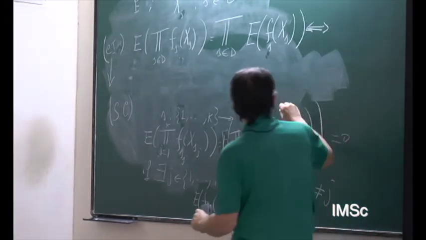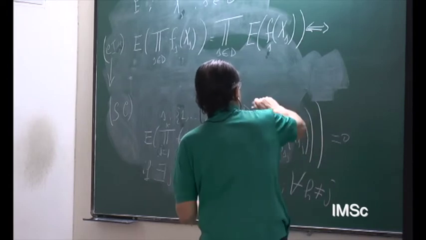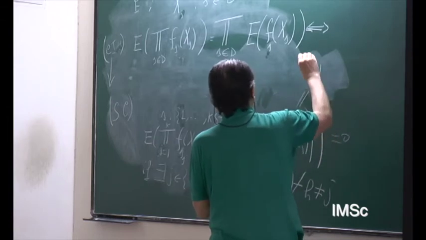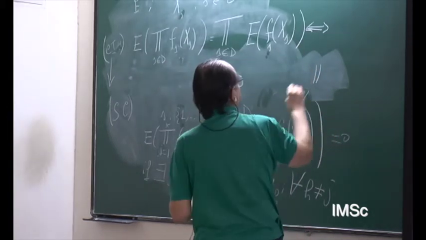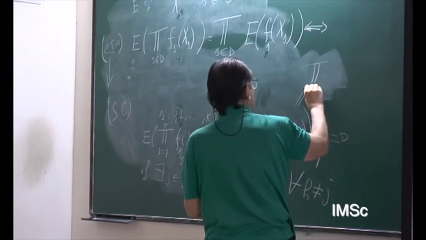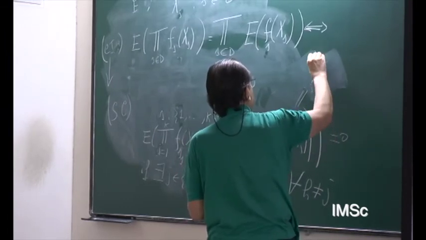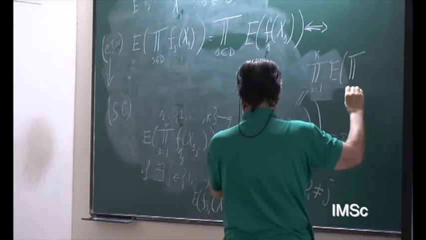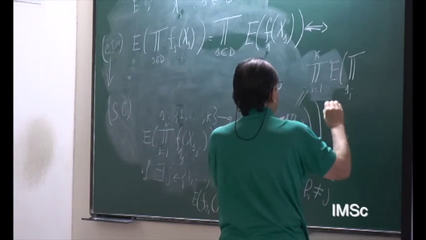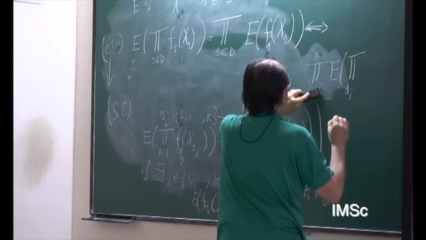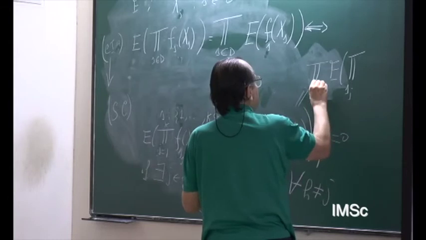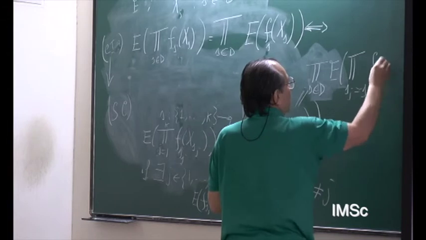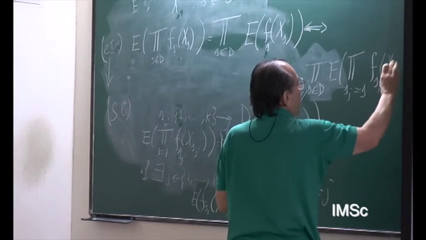So when I write this, this product will be equal to, if this condition, classical independence, is true, the product for j from 1 to k of e to the product of Sj. No, sorry, the product will be S now. S belonging to D. Sj equal S, F, Sj, Xj, Sj.